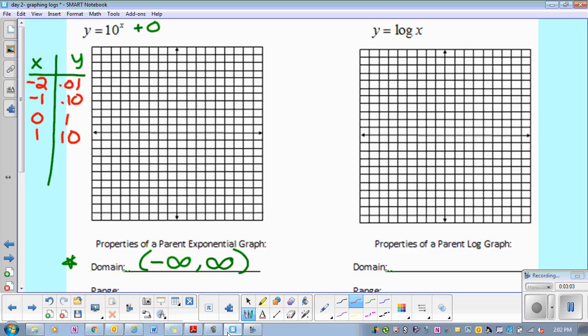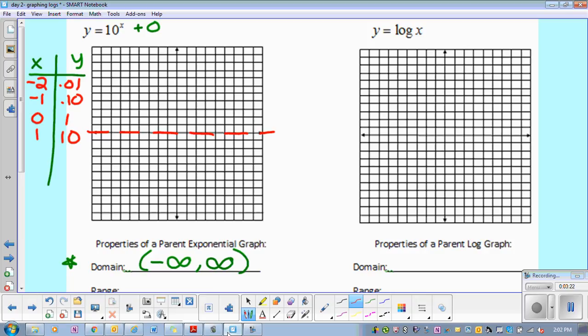Okay, so let's go and graph our asymptote. We said y equals 0. So hard to see here. Okay, there we go. Y equals 0. I have a horizontal asymptote.